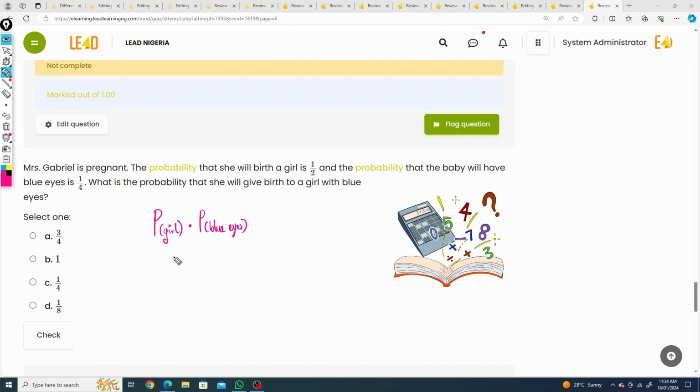So it will be a girl and the baby will have blue eyes. That will be 1 out of 2 times 1 out of 4. So there is a 1 in 8 chance that she would have a baby girl with blue eyes.